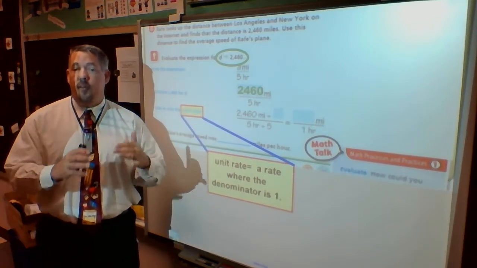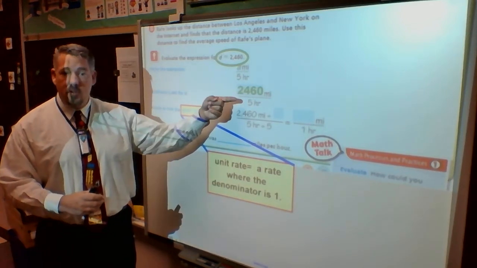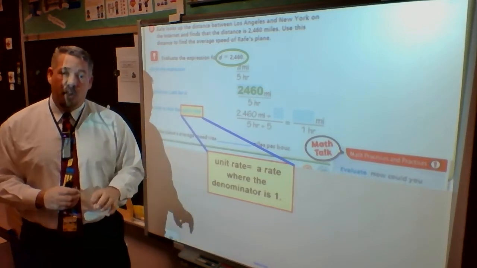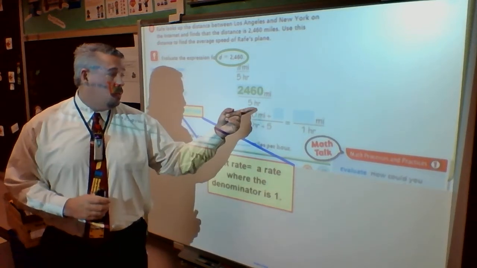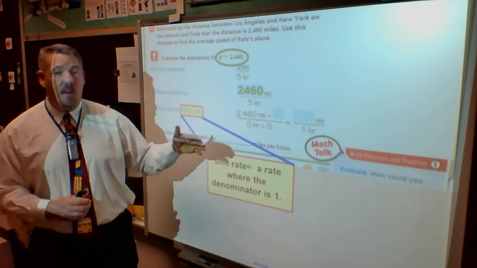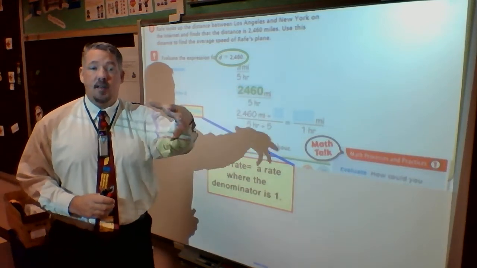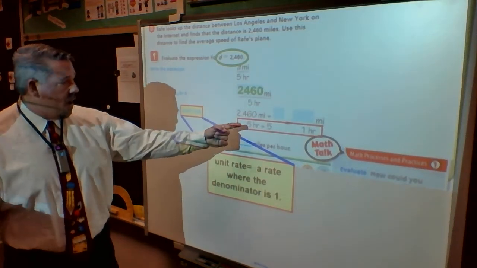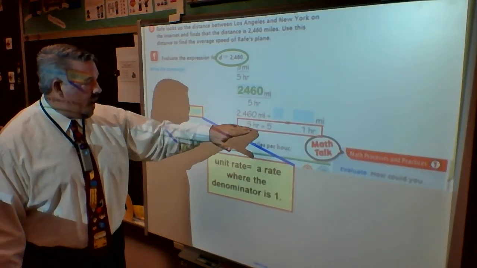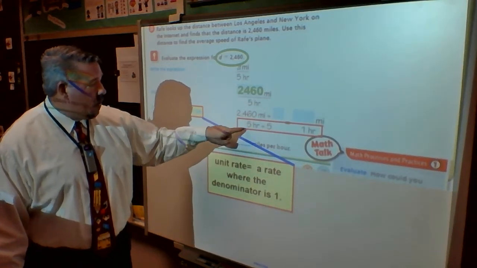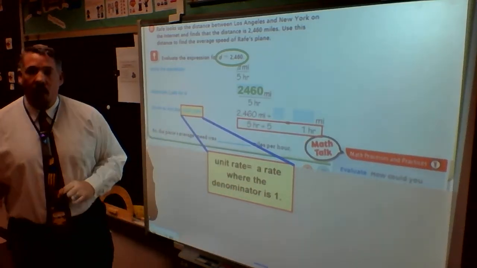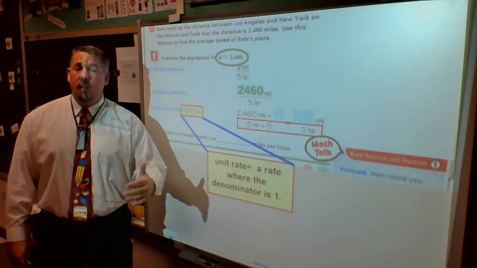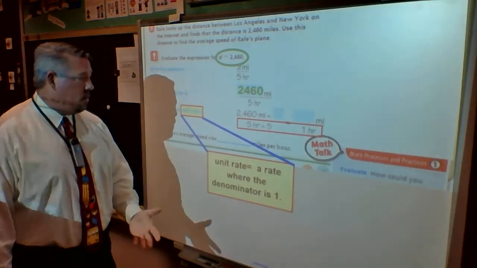So then I want to find a unit rate. This is my original rate. My unit rate is going to be per 1 hour. So I'm going to be looking at miles per hour as an average speed. I know I'm traveling for 5 hours. I'm going to divide by 5 to get my denominator of 1. That's how I get my unit rate.